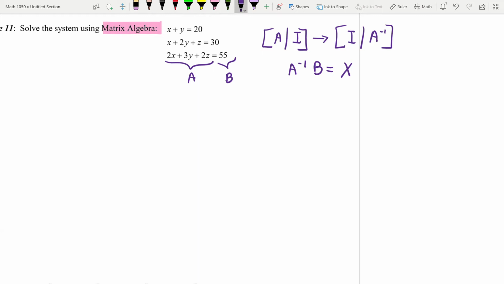Okay? All right, here we go. Nice and slowly. Okay? Matrix A, 1, 1, 0. Then do a solid line. Underneath, 1, 2, 1. Underneath, 2, 3, 2.